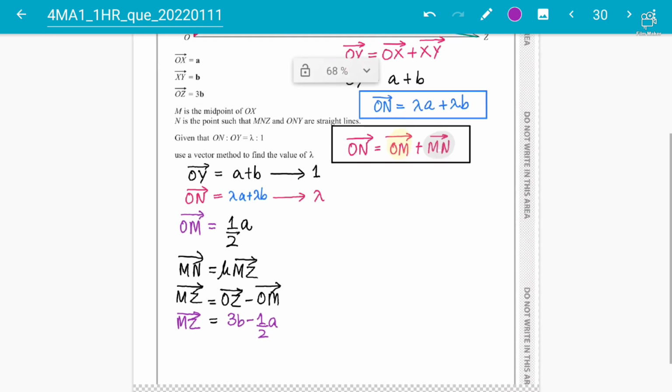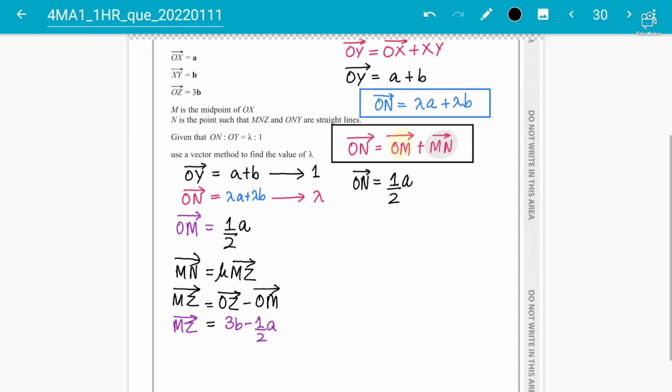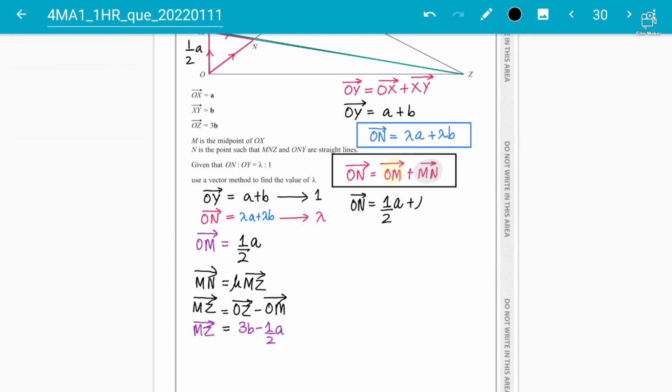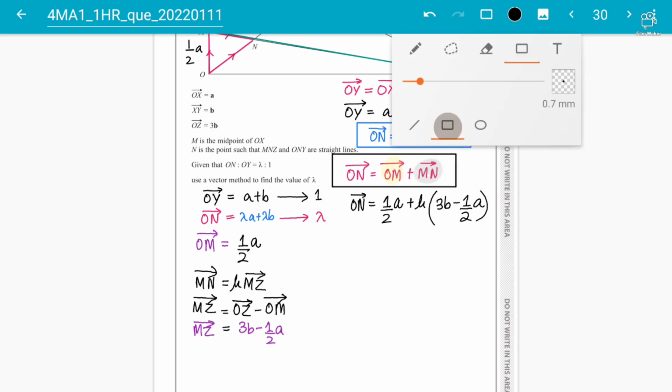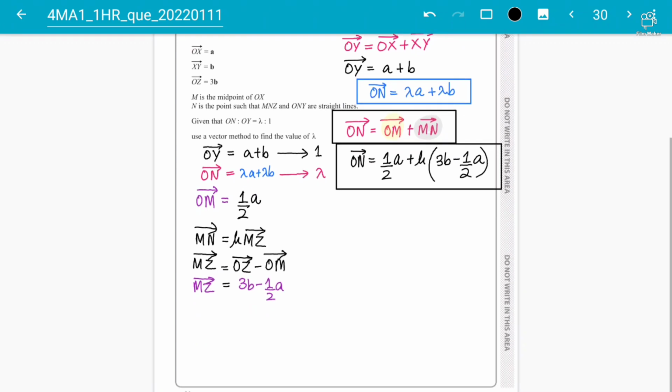And here we go students, we now got the original ON vector as well. ON will be represented as OM, half a, plus mu times of 3b minus half a. That is your other equation students, and now you can just solve them simultaneously to get the answer.